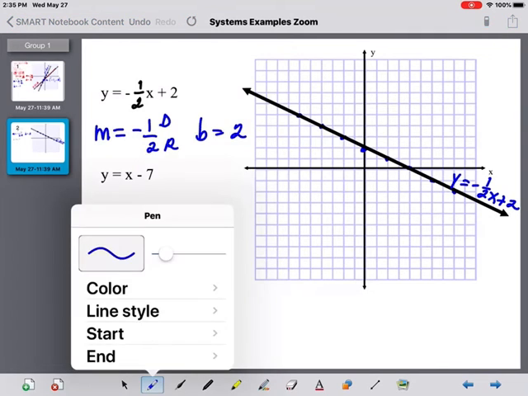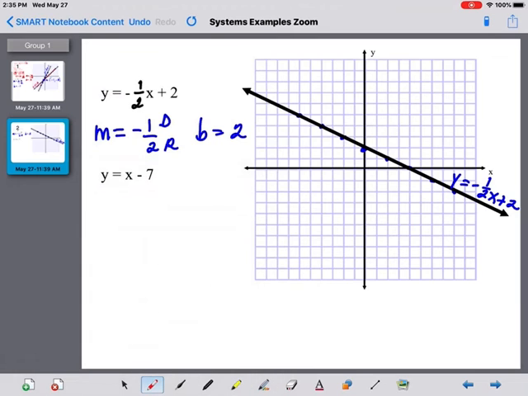All right, my second equation is also in slope-intercept form, so I can identify my slope, which is a +1, and I'll make it a fraction. My y-intercept is -7, so I'm going to count down 7 graph lines on the y-axis, plot a point.